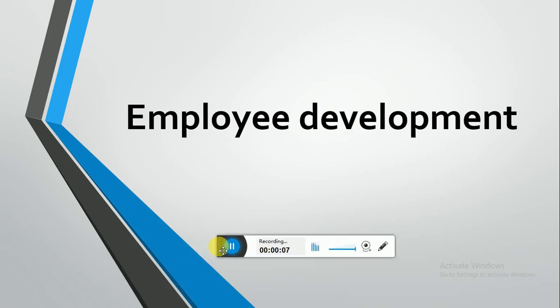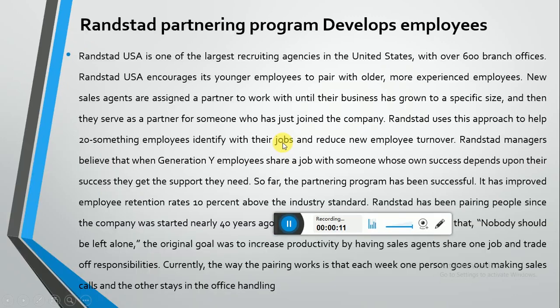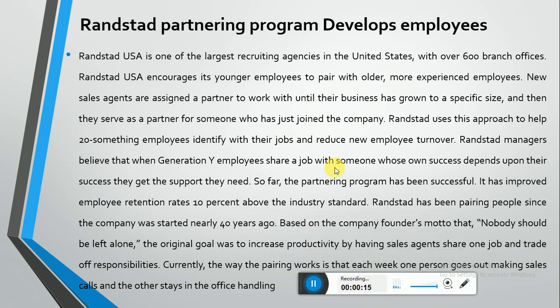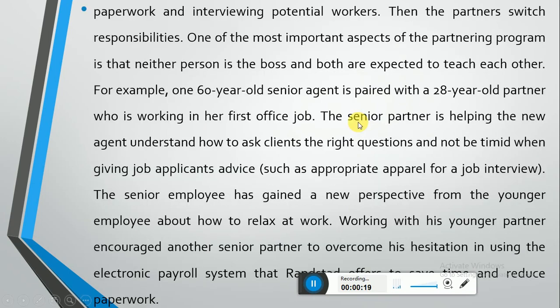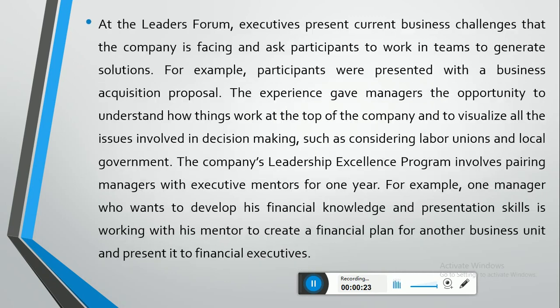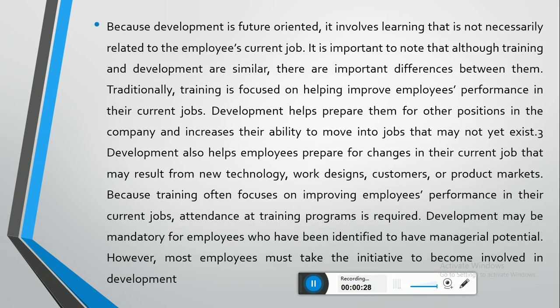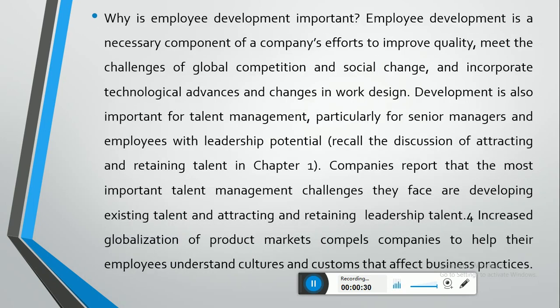So in the last class we discussed employee development. Let me go through it. We discussed the example of the company, how they were planning different aspects of development. We discussed the introduction, the examples, and the difference between development and training.